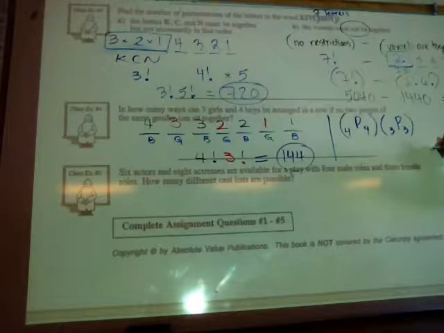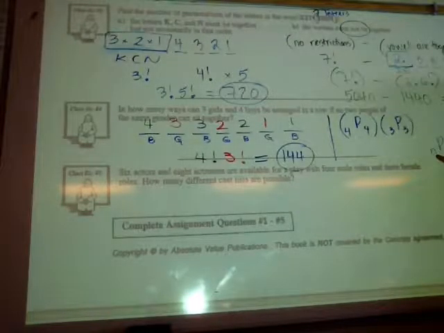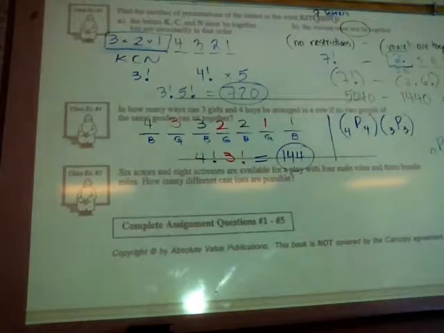So nPr, n is the total number of elements and r is the number you're taking at one time. So if you had 4 boys, we're taking 4 at a time. In what way would it not be 4? Say if you had the word math, and I wanted to create a 3-letter word.